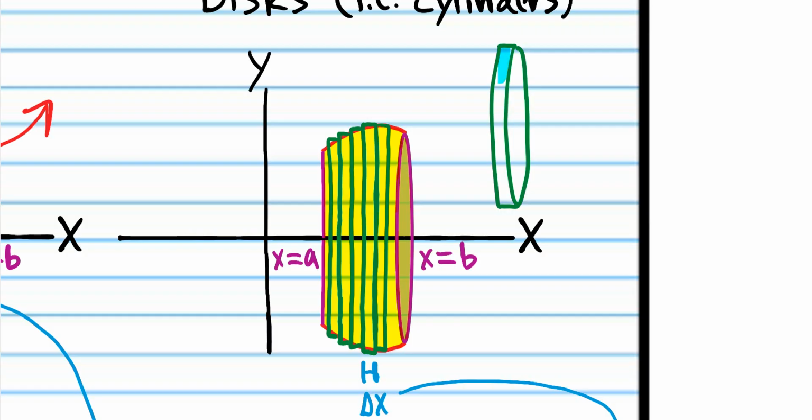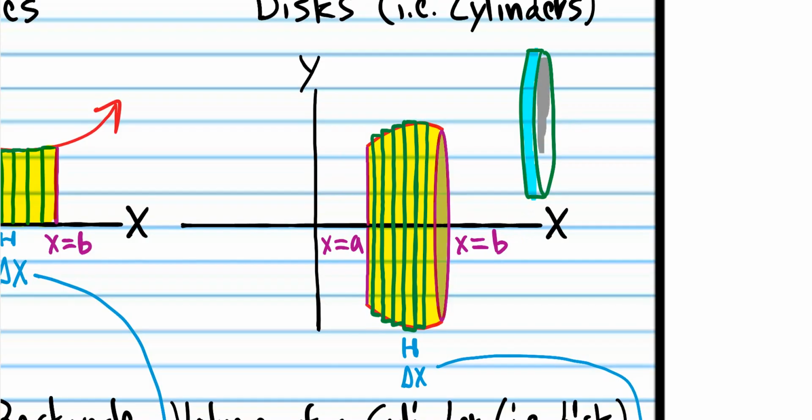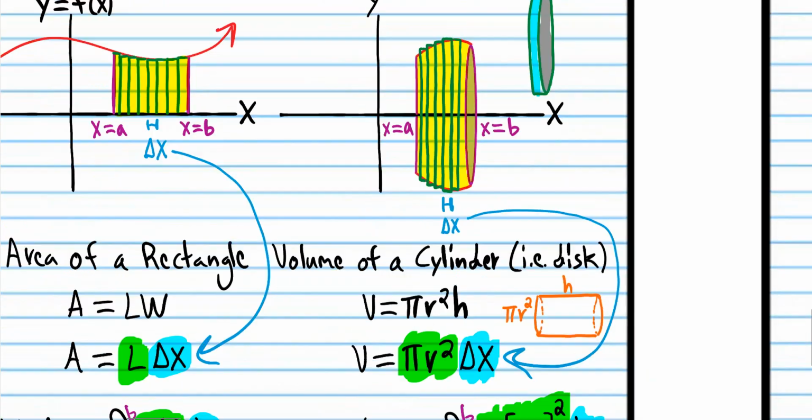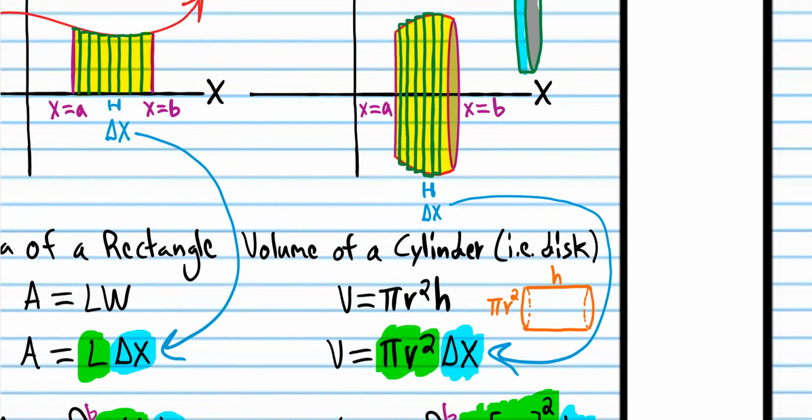So this blue part is the side of the cylinder, and the face of the cylinder is this, I'll color it gray. Then we can find the volume of this using our volume formula for a cylinder. A disk is basically a cylinder.